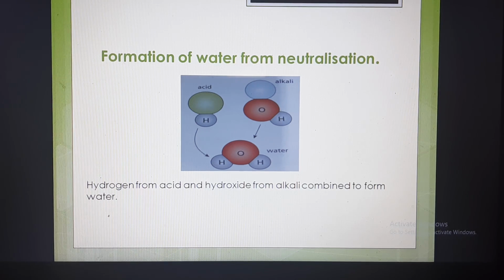Water is formed by joining hydrogen from the acid and hydroxide from the alkali. Because we know acids contain hydrogen as the common ion, and alkalis contain hydroxide as the common ion. So hydrogen from the acid and hydroxide from the alkali join together to form water during neutralization.